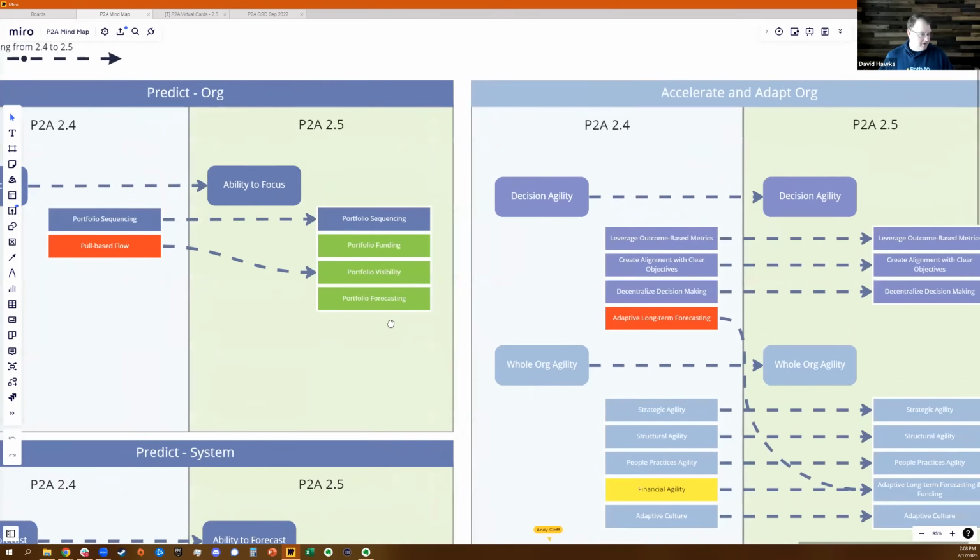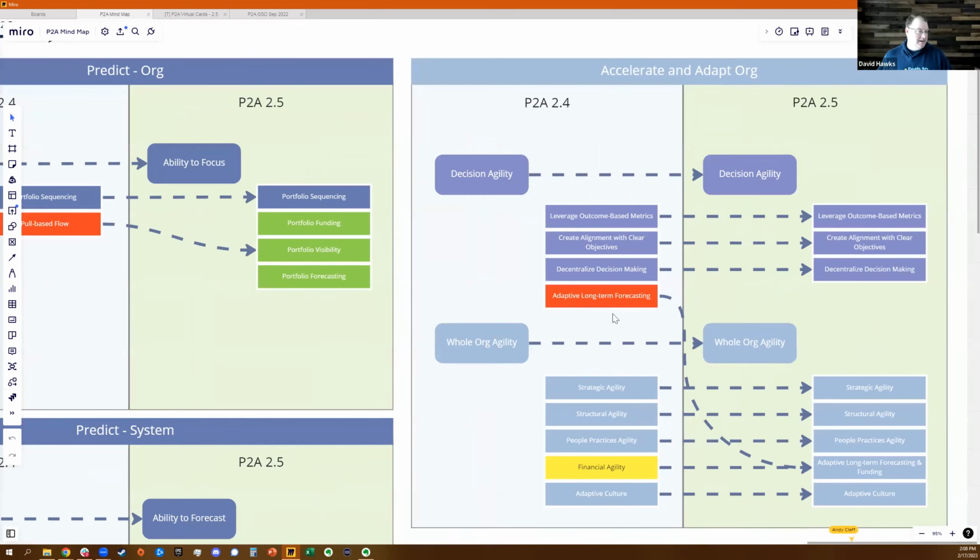The last thing at the organizational level is that we ended up merging two capabilities, one that was in Accelerate and one that was in Adapt. Adaptive long-term forecasting, which was under Decision Agility in Accelerate, we felt was really more of an Adapt kind of capability, and there was some overlap with Financial Agility. So we merged those two to become the longest capability name that we have.